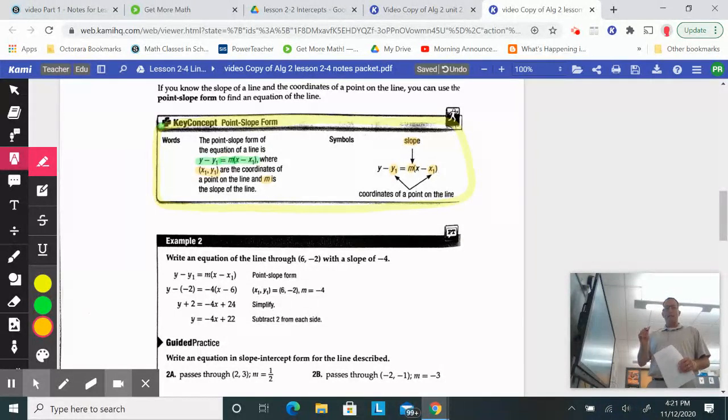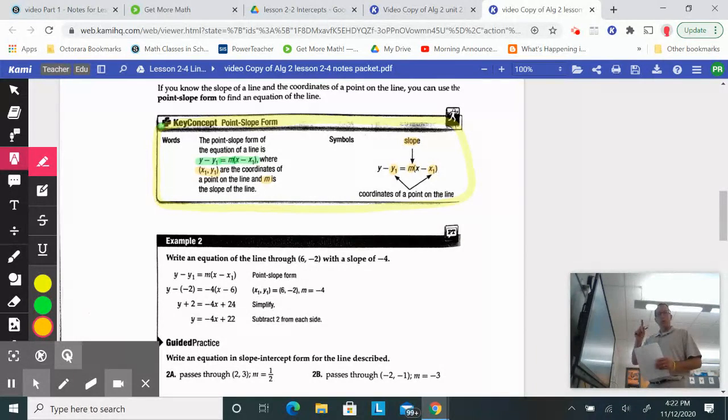And we want to be able to manipulate this. You should be able to change this form into slope intercept form, and even possibly standard form. It's just using algebraic manipulation and rules and properties.